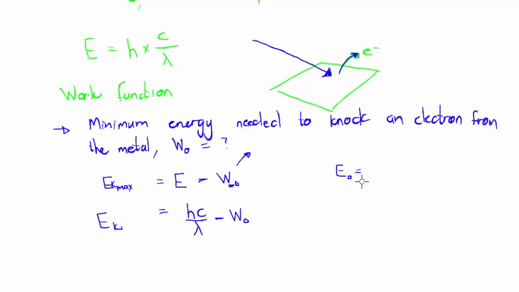What is the minimum amount of energy needed? It must be equal to the work function. This energy I get from taking Planck's constant times frequency. This frequency is called the cutoff frequency.